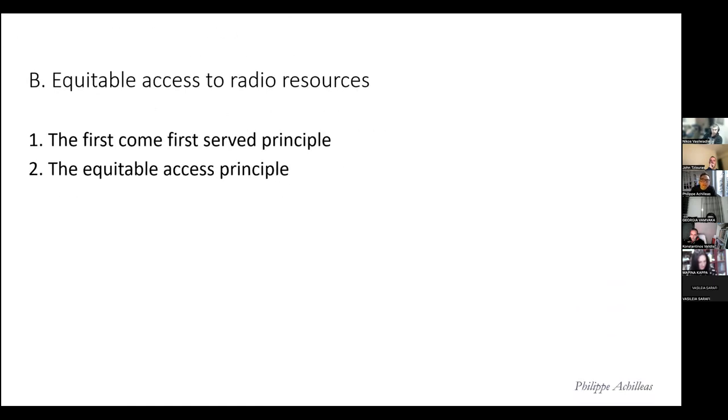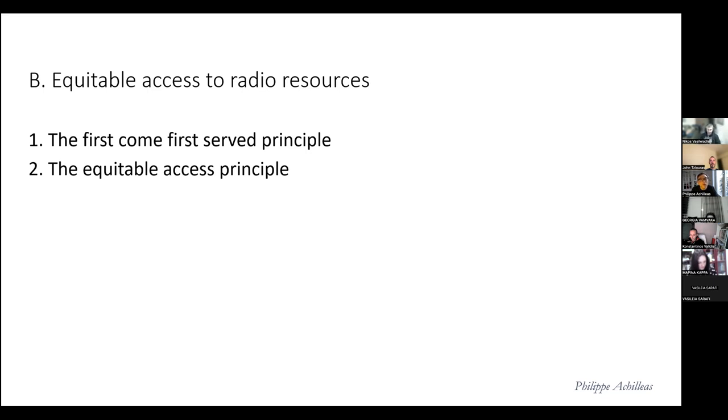So I presented the rule, the procedures for using frequencies and orbits. But this procedure is based on the first come, first served principle, which benefited industrialized countries and spacefaring nations.